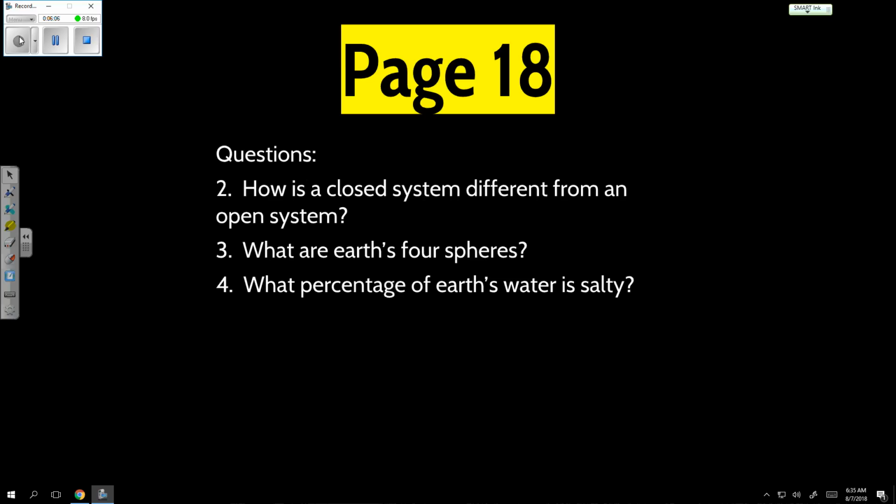The four spheres are, highlight this, the atmosphere, the hydrosphere, the geosphere, and the biosphere. That also answers question number 3. Atmosphere, hydrosphere, geosphere, biosphere.